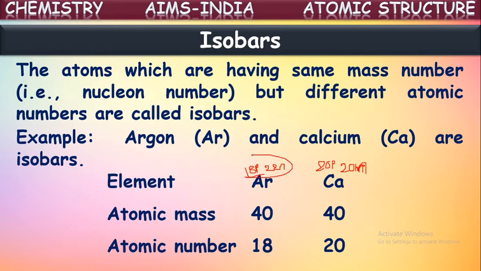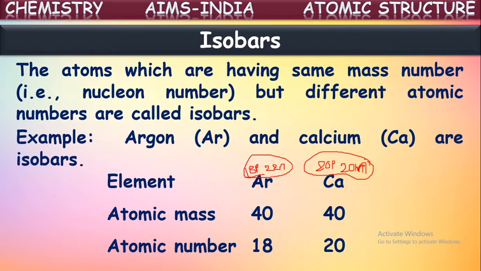But the sum of the nucleons, in total, is 40, nothing but the mass number. Both have the same mass number, but different atomic numbers. This kind of atoms are called isobars. Atoms with the same mass number but different atomic numbers are called isobars.